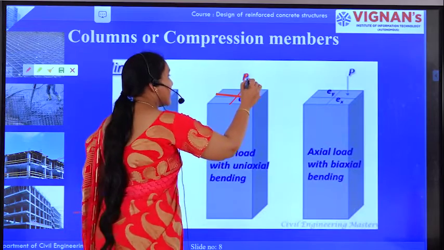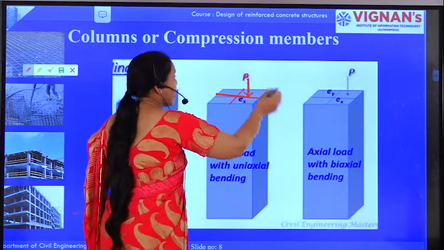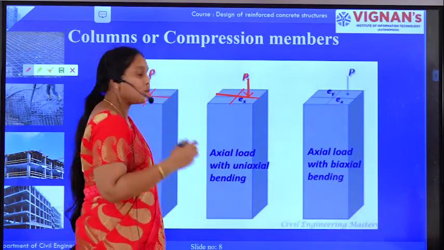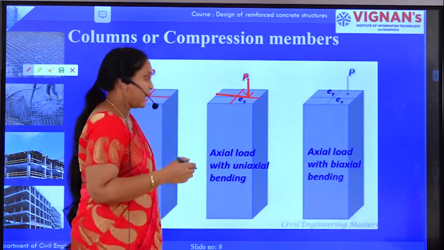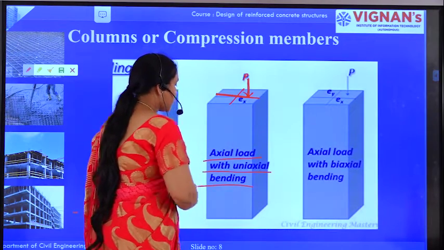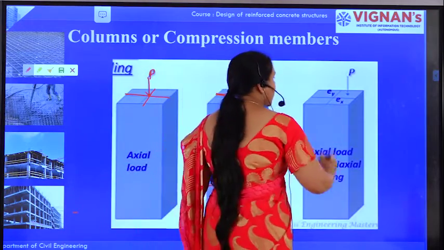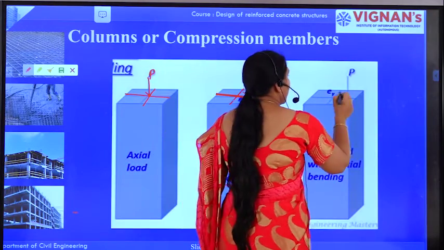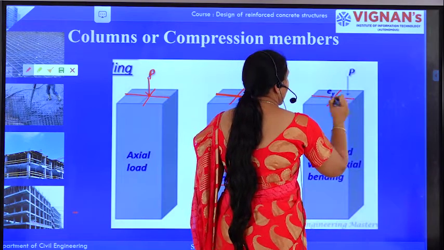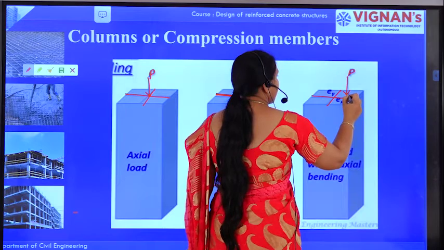Here we have an axial load as well as a moment, that is, there is bending, and the bending is only in one direction. Such types of columns are called axially loaded columns with uniaxial bending. In a similar way, if you see this particular column here, this is the centroidal axis, and the load is acting somewhere at this particular point.